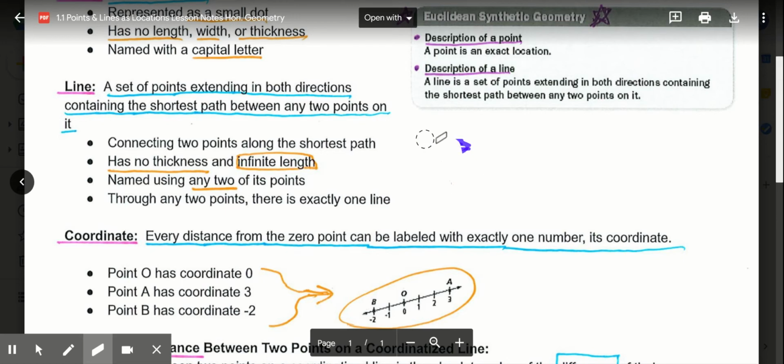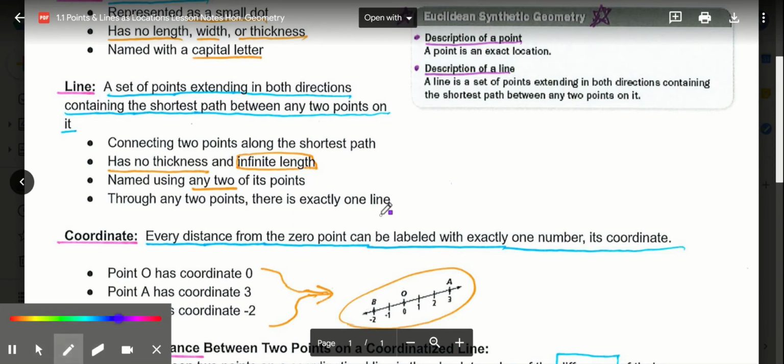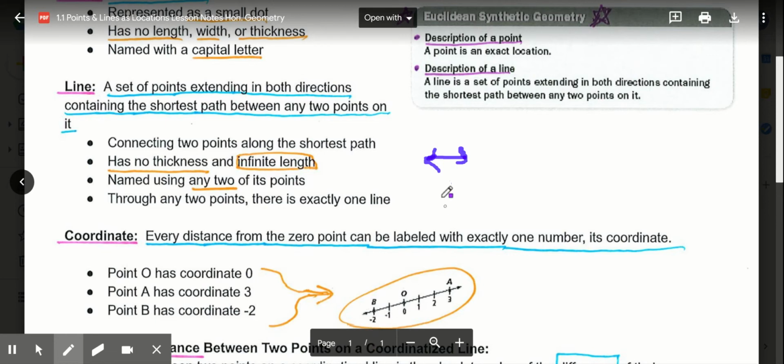So with lines, again, no thickness. So we draw them and it looks like the thickness of whatever your pencil is. So a line, then we put arrows on the end. Terrible arrows, I know. And we could have also named this line down here instead of AB. O is also on it.